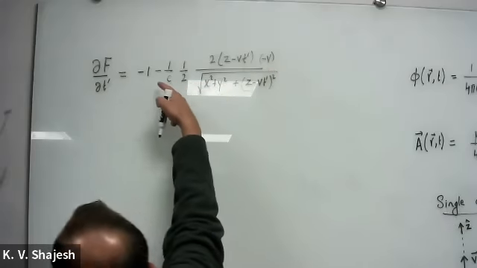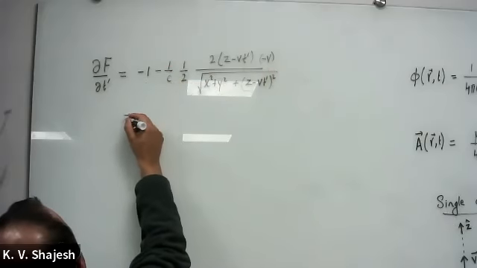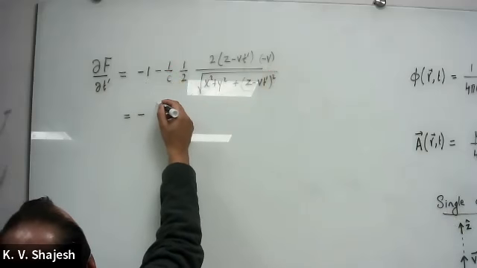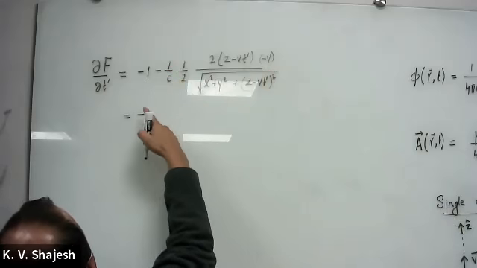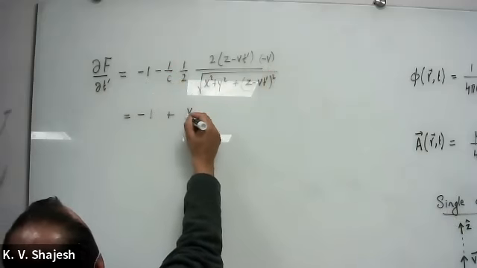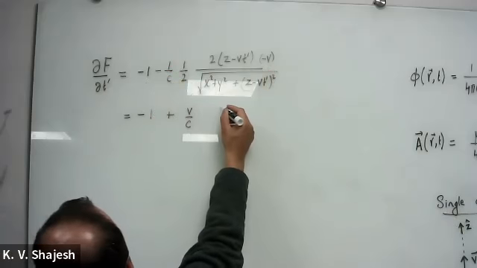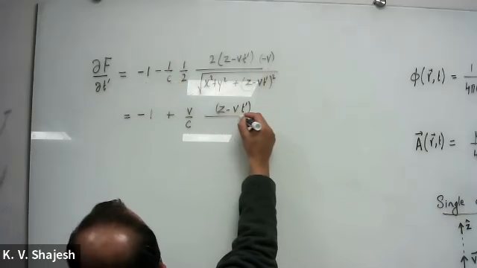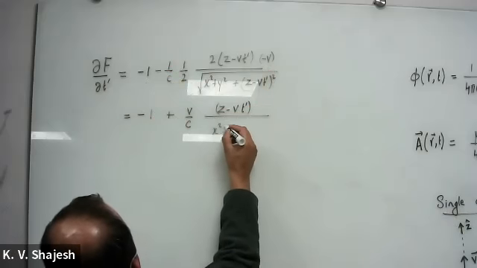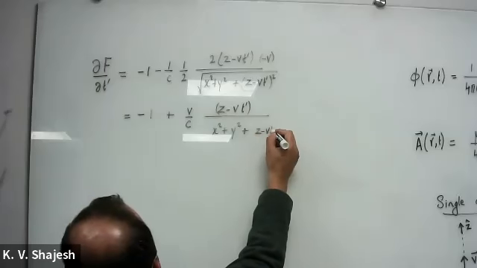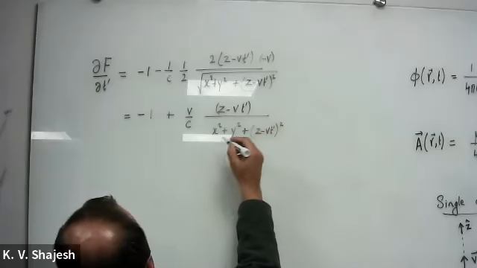That is a minus v plus v, so this is equal to, let's say, minus of (1 plus v over c) times (z minus vt prime) over x squared plus y squared plus (z minus vt prime) squared.